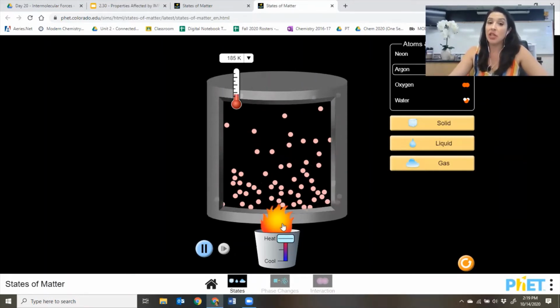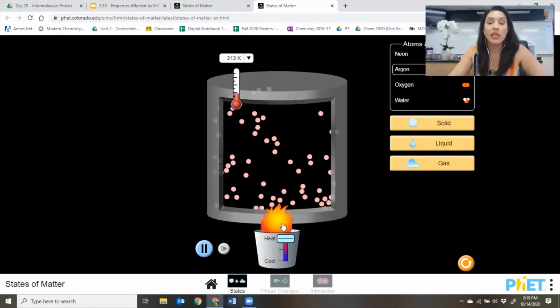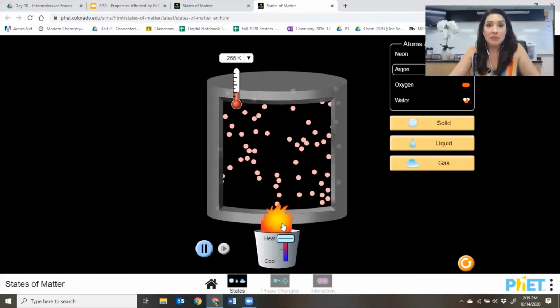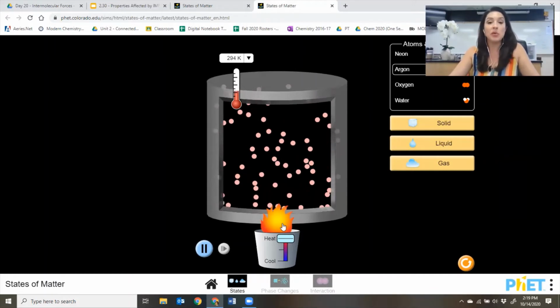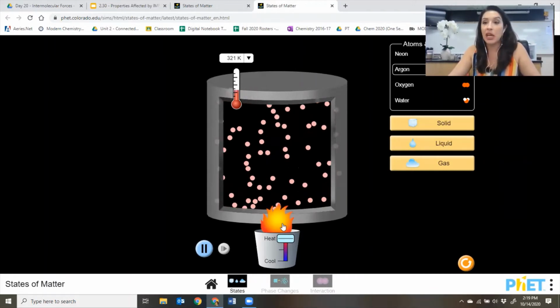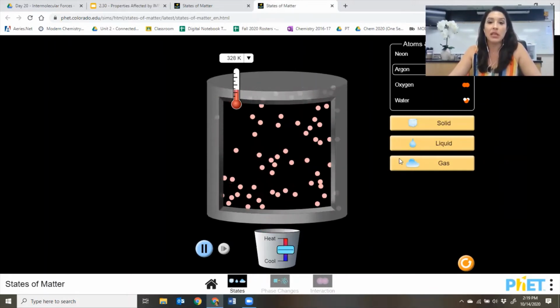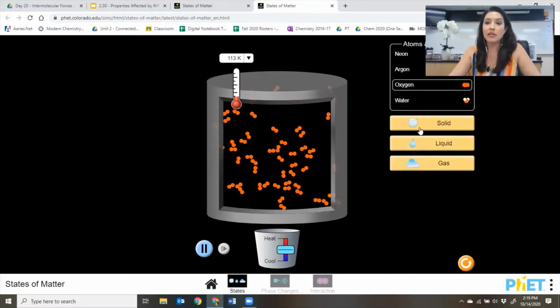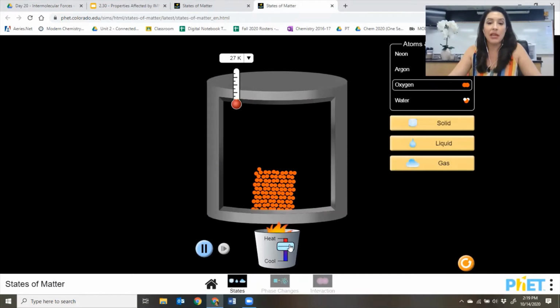I'm still looking at argon molecules here. I'm still looking at individual atoms of argon, right? But their spacing is different. The forces with which they're held together are different. But again, no bonds are broken or formed. Let's look again at something like oxygen. So starting at a solid, I can apply heat and my molecules will start to separate from one another without breaking the bonds.